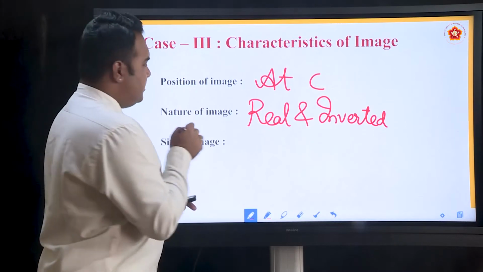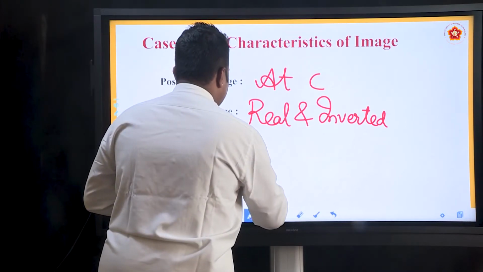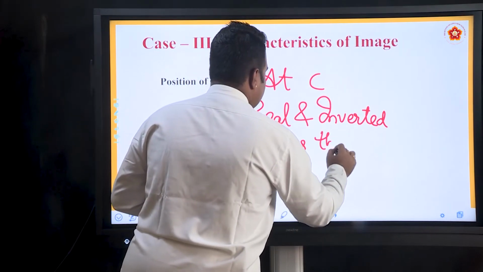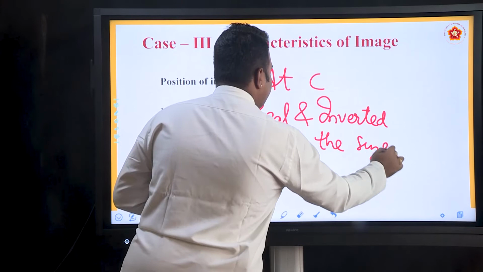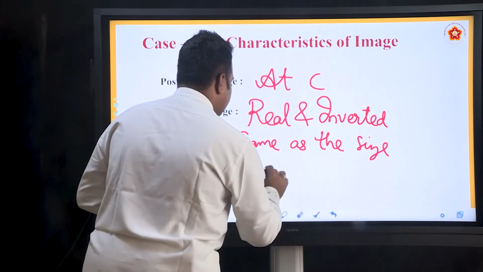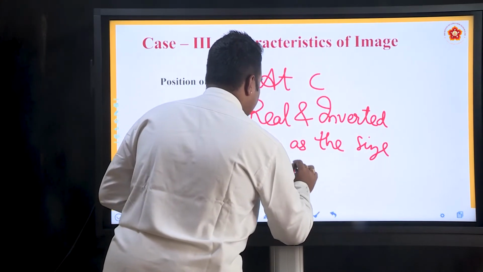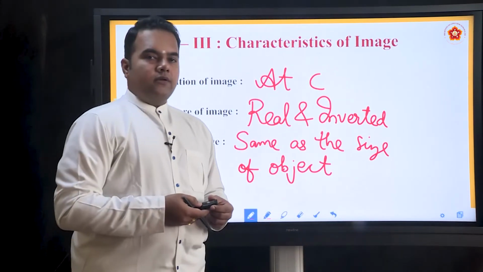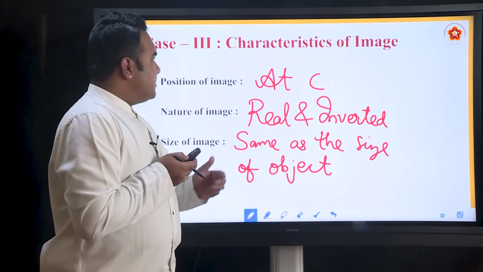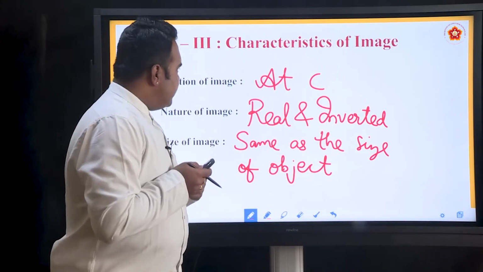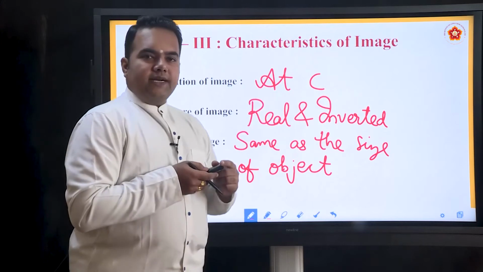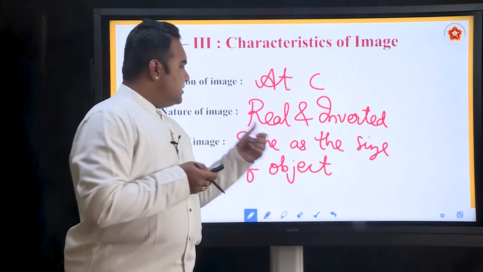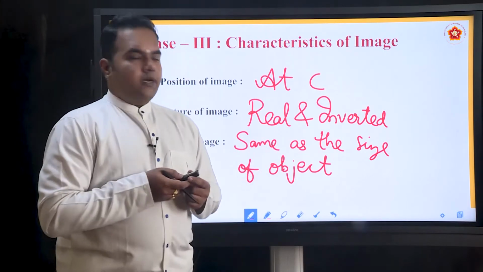Size of the image is same as the size of the object. So, in the case 3 we have seen that when the object is placed at C, the position of the image is also at C, the nature is real and inverted, the size of the image is the same size as that of the object.